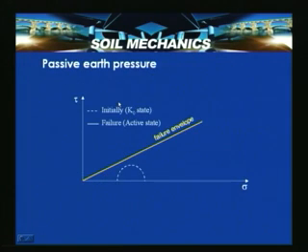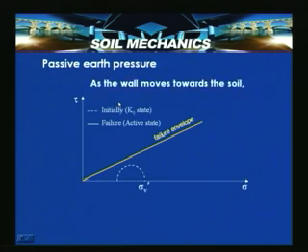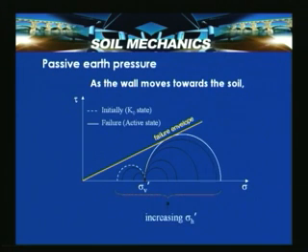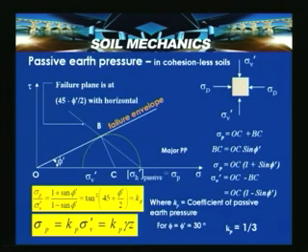Similarly, here is shown the passive earth pressure condition, and the soil attains the passive state of plastic equilibrium with increasing sigma h dash. Sigma h dash changes to sigma p.